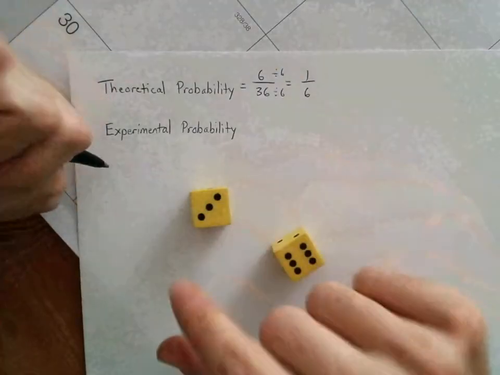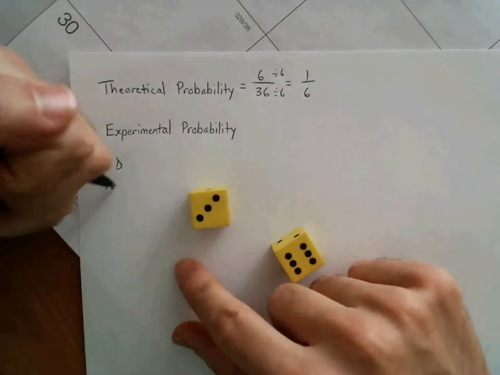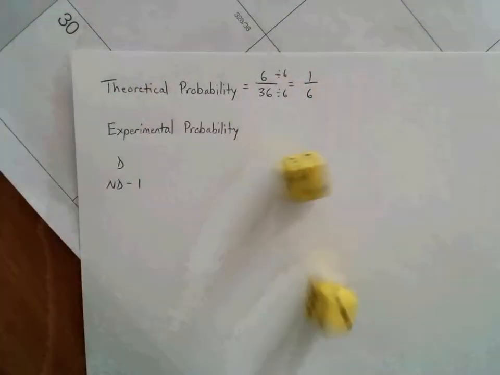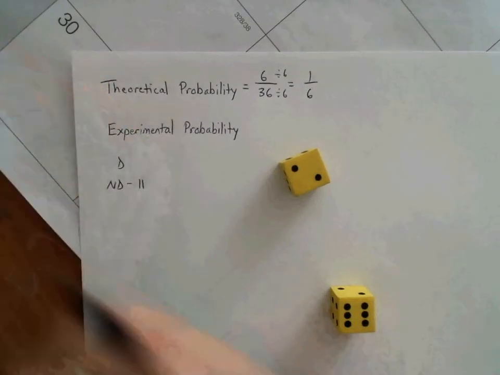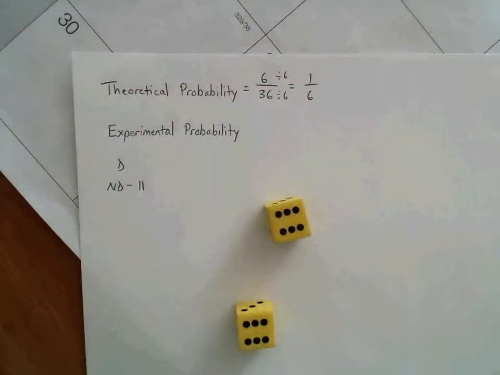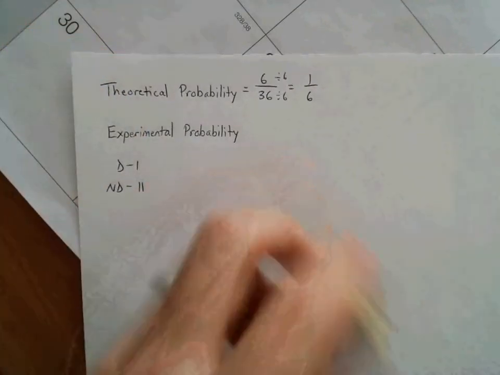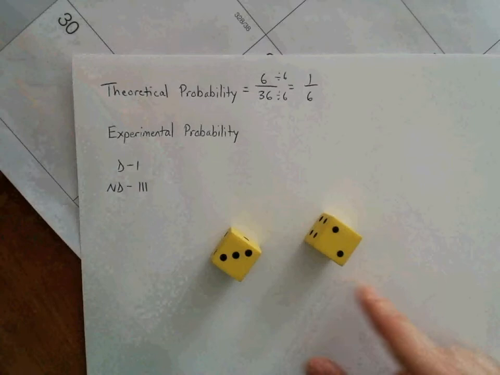I'm going to track over here, putting D for doubles and ND for not doubles. So we got 1 that's not doubles. Roll again, a 6 and a 2, so 2 not doubles. Again, up there we go, two 6s, so we get a double. Roll it again, a 3 and a 2, so not doubles.